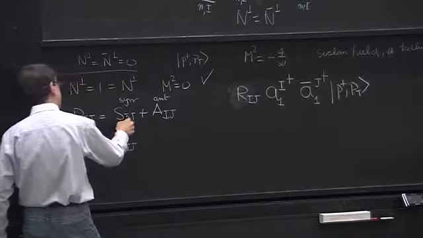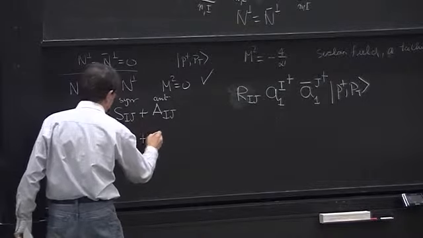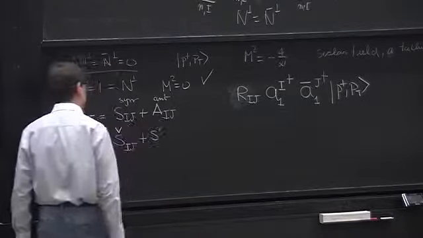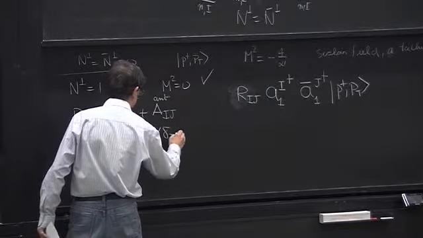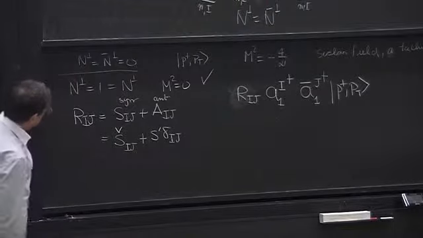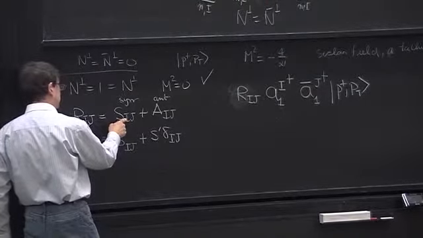You take out the trace from Sij, and then you add it back, so plus some contraction, S prime, I will call it, times delta Ij. I could tell you what these things are in terms of Sij, but I don't think it's really necessary.